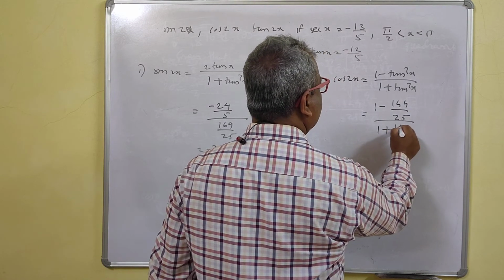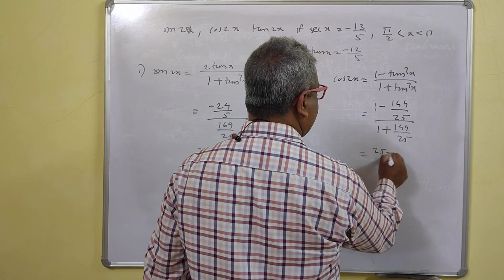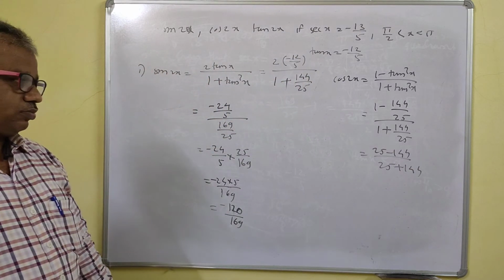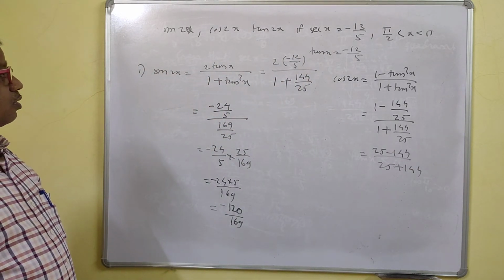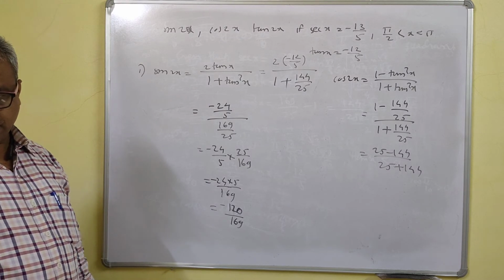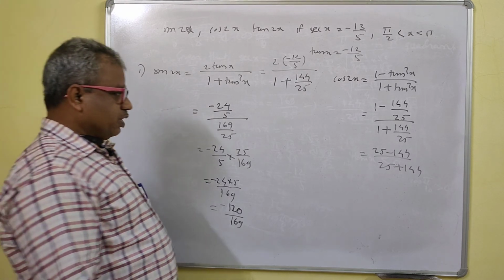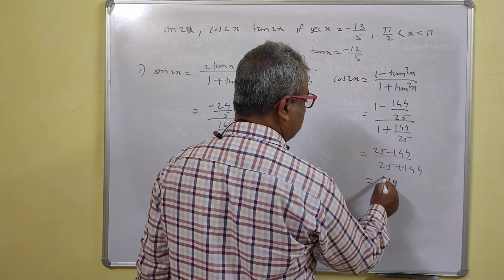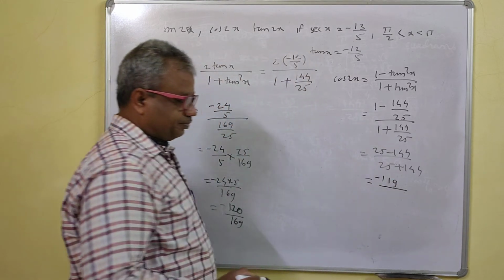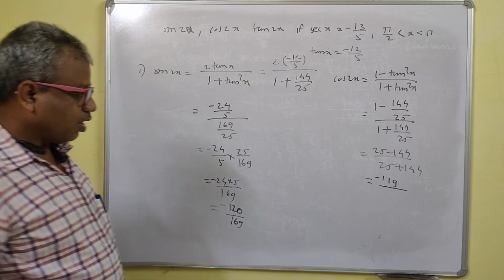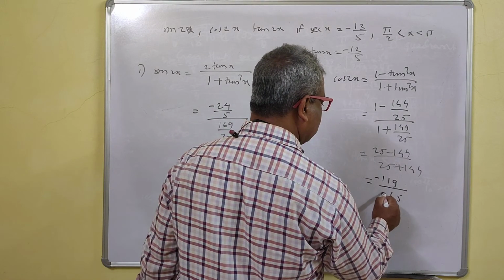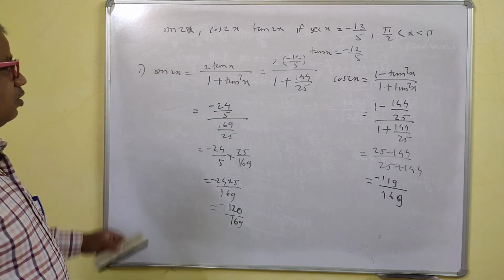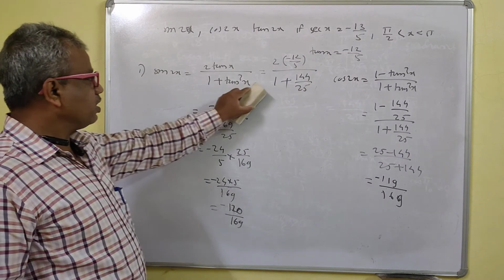So this is 1 minus 144 upon 25 over 1 plus 144 upon 25, so 25 minus 144 upon 25 plus 144. So this is minus 119 upon 169.